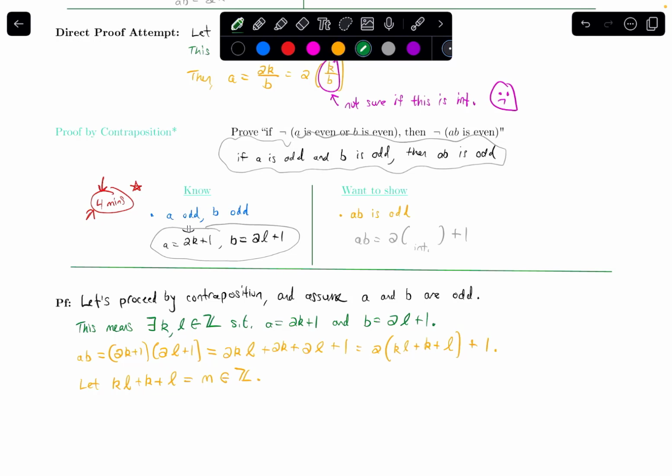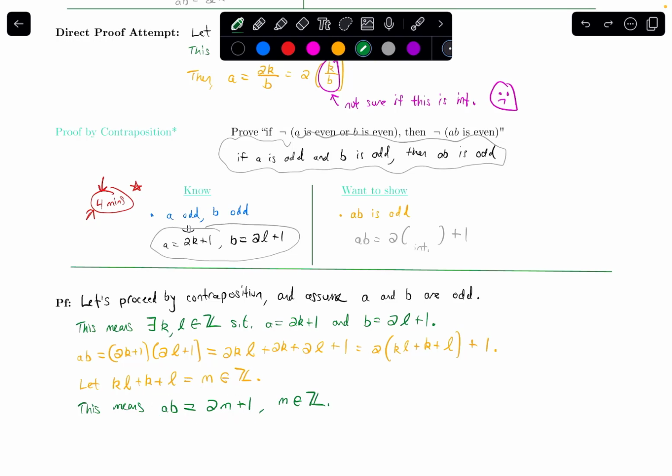This means that our A times B that we started our manipulations off with was equal to this at the end, which just equals 2 times M plus 1, where the M is an integer. But that's precisely what it means for this thing to be odd.